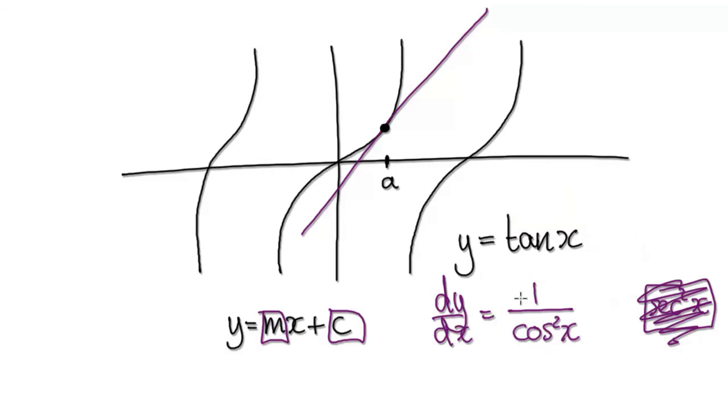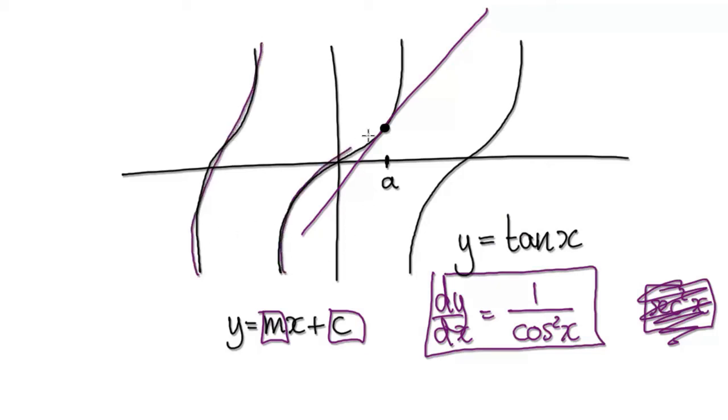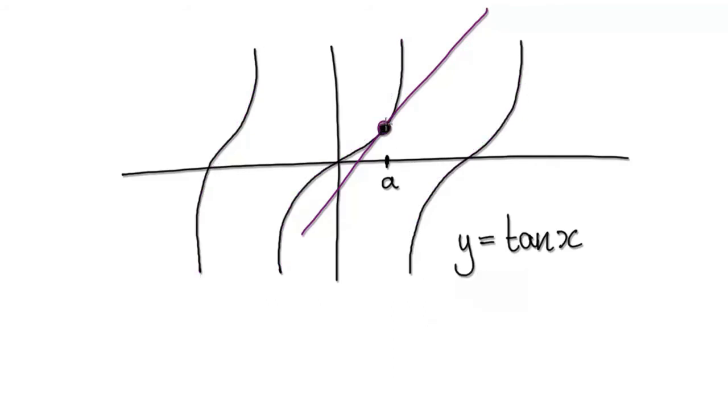Now this gradient equation allows us to work out the gradient anywhere along the tan graph. Anywhere along here we can work out the gradient, but we want to know the gradient right at this point. Well, we've got the gradient formula: it's 1 over cos squared of x.